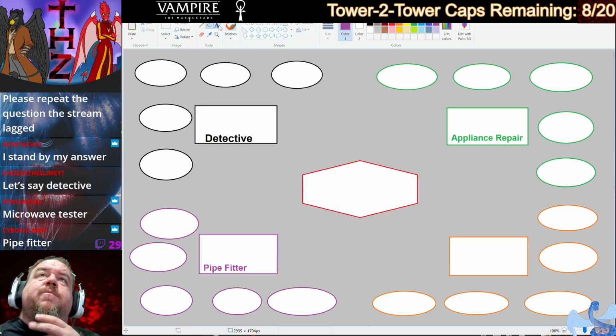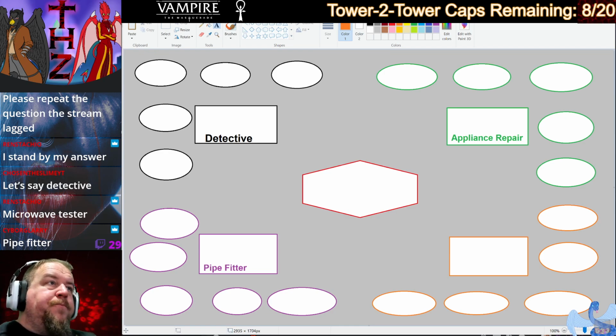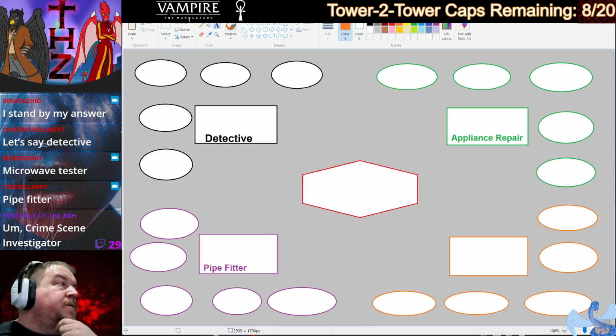Rosewolf, I need a profession of some kind, please. We might not have Rosewolf. Who... Oh, here we go. A crime scene investigator. Oh, all right. So we have a detective and a crime scene investigator.